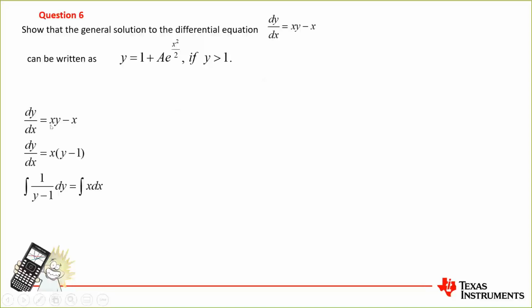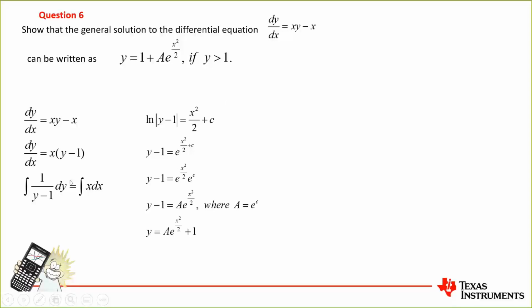If we say dy/dx is x times y minus x, we'll take x as a common factor, and we have x times (y minus 1). Now what happens in the next step is something which we call separating variables. So I need to have one integral where I have the function of y, dy. So I need to divide 1 by (y minus 1) dy. And the second integral is x dx. This is called separation of variables. So that's how we solve by separation of variables by hand.